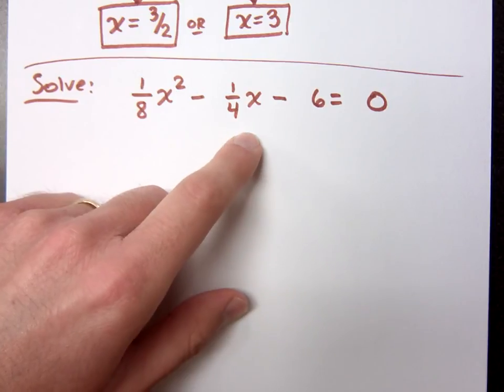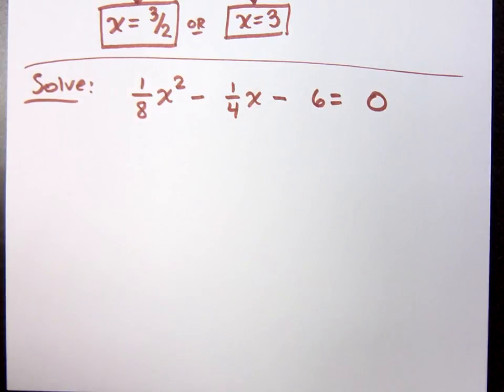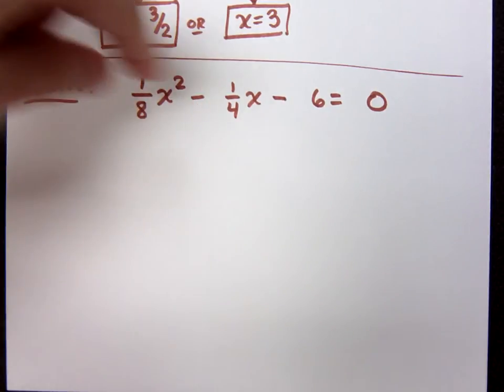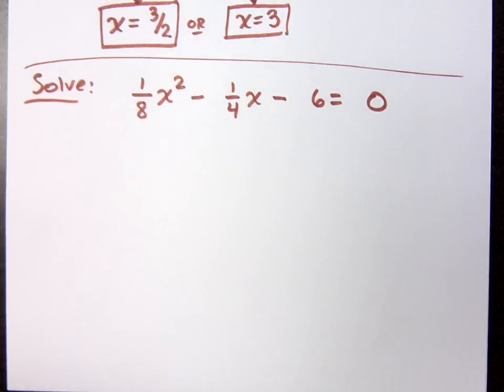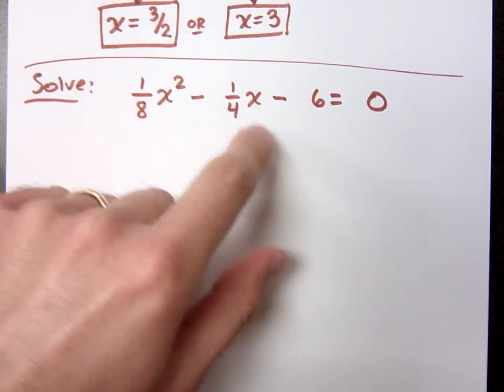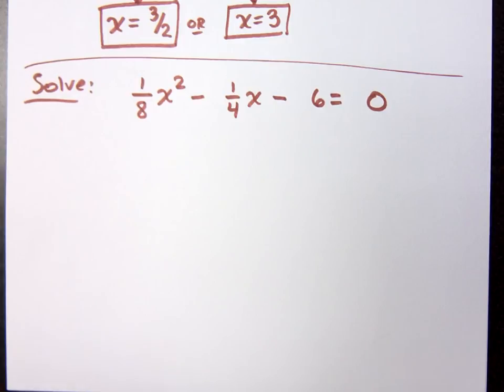If you had to combine an eighth and a fourth, what would be the common denominator? 8. Thank you. So that's what I'm going to multiply everything times.